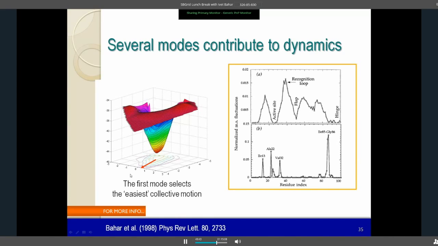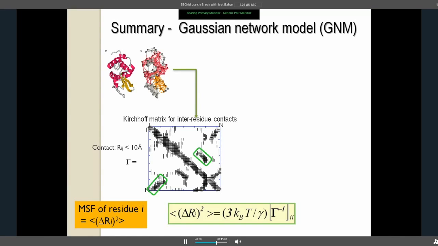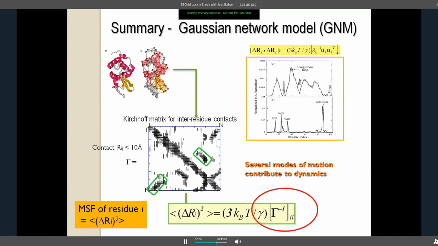So, in summary, we take the structure, we convert it into a network representation. Using the coordinates of the nodes, we construct the Kirchhoff matrix, the connectivity matrix, and the inverse of the connectivity matrix gives the correlations as well as cross correlations. And then you can also decompose it into the contribution of individual modes to observe dominant patterns.